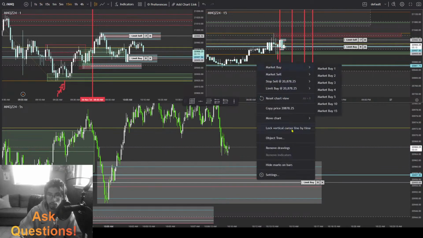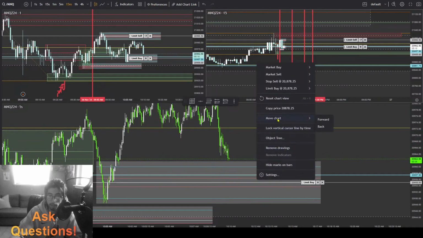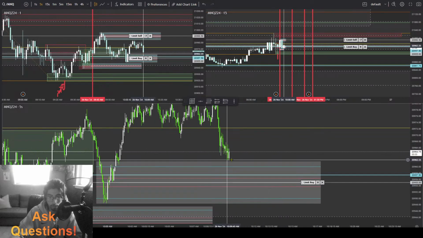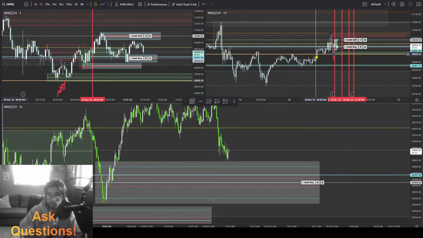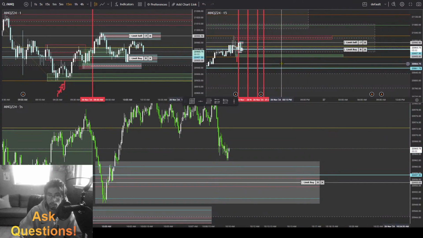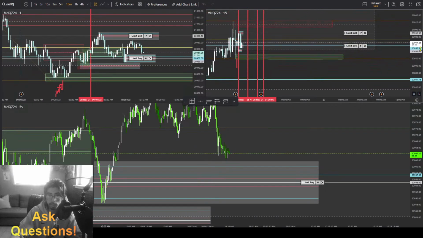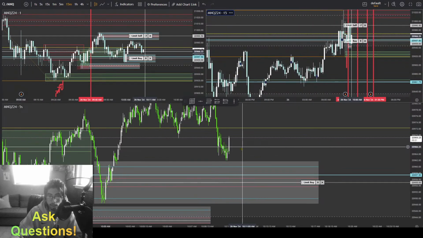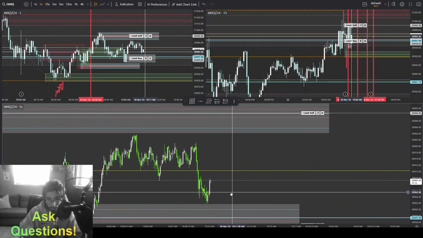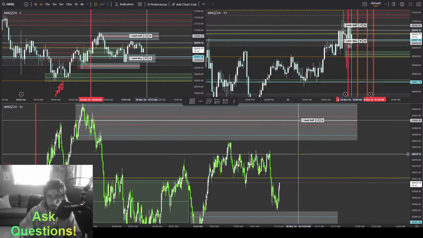Can I hide the drawings for a second or no? I can't. Damn, this sucks. Whatever. We're getting a reaction on the zone. I like this. We're just chopping. 15-minute take profit. Okay, yeah, I still like this trade. This one above, I'm not really liking.